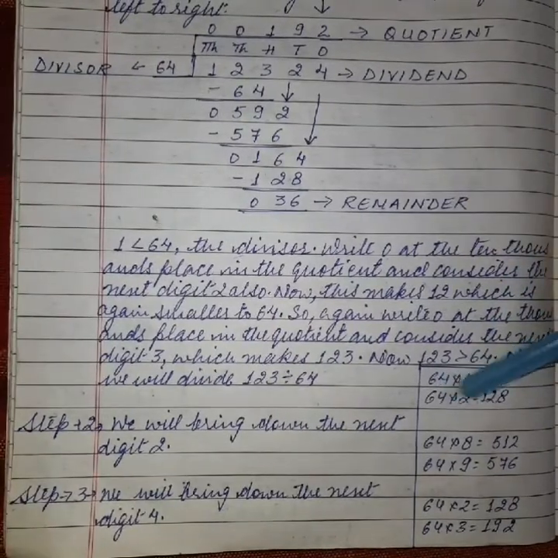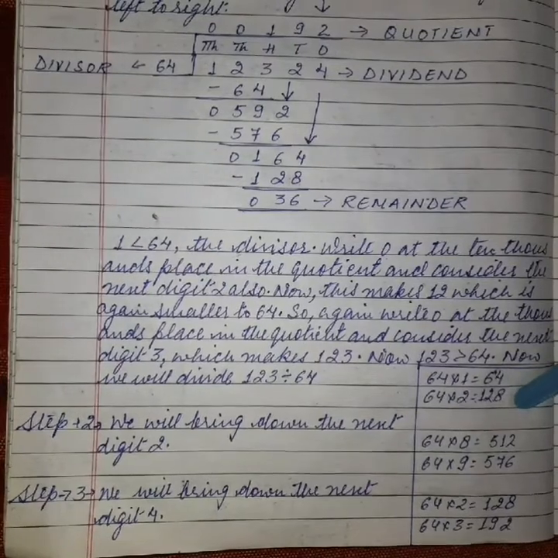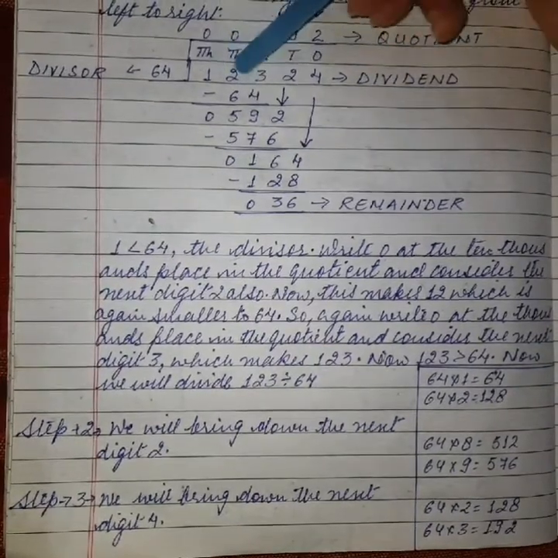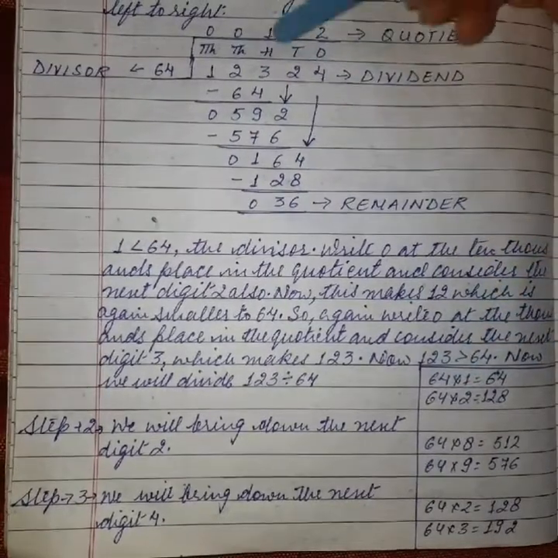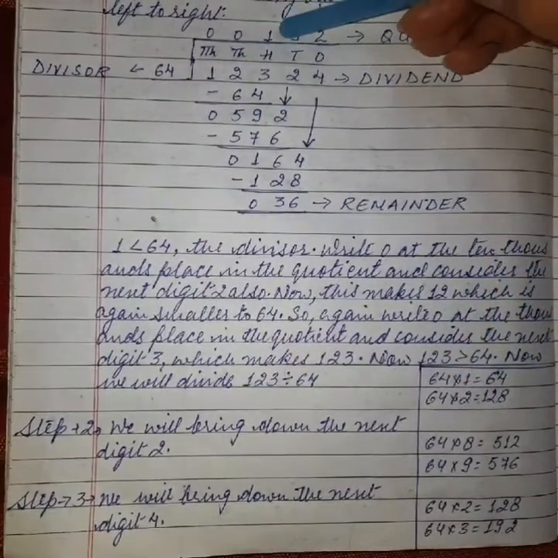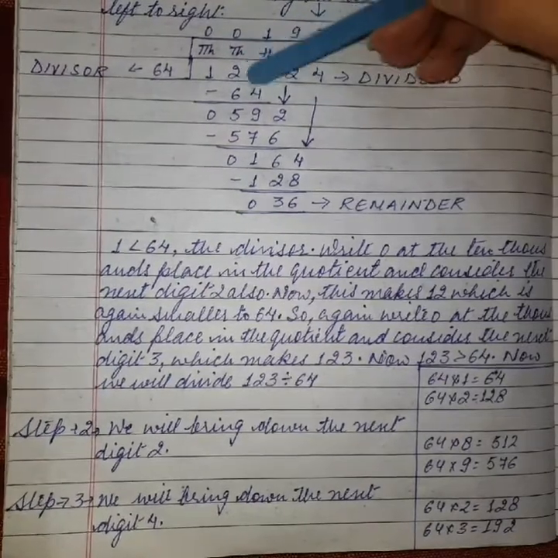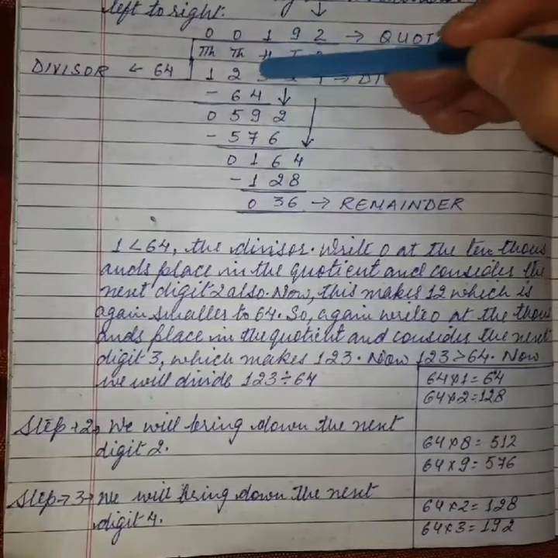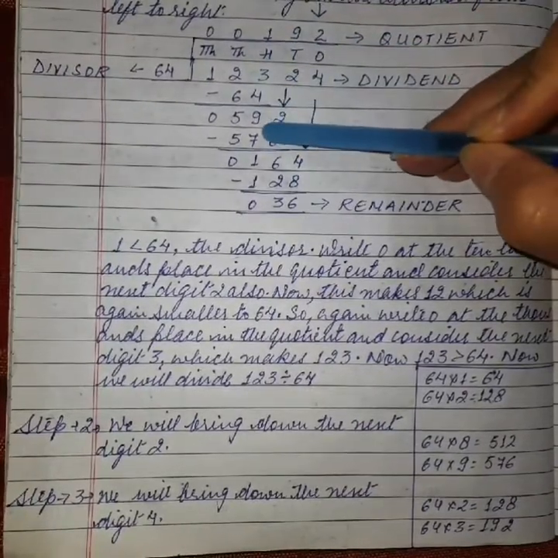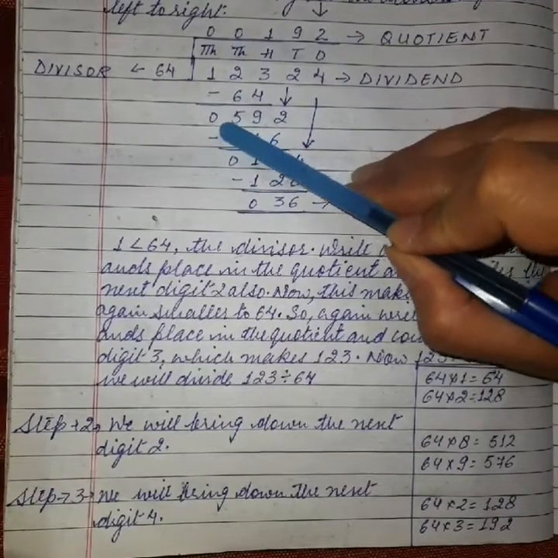If we multiply 64 by 2, we get 128. 128 is greater than 123. That means we have to take 64 ones are 64. So 1 we will write in the quotient at the place of 100. 123 minus 64: 13 minus 4, 9. 11 minus 6, 5. And here we have got a 0.